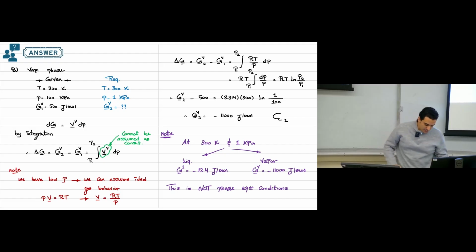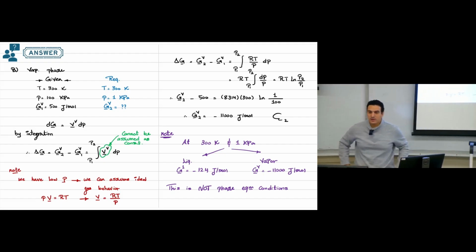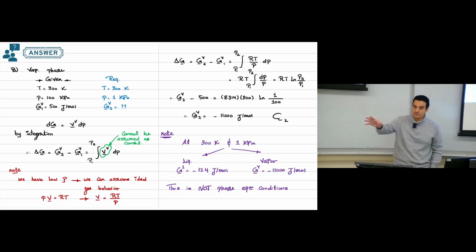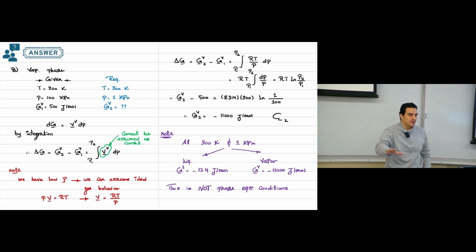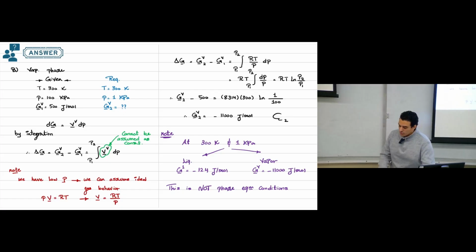So now the last part of this problem. What is the pressure? Let's assume the temperature is 300 Kelvin. If I keep the temperature at 300 Kelvin, what is the pressure at which phase change or phase equilibrium will exist? And this is the third requirement.